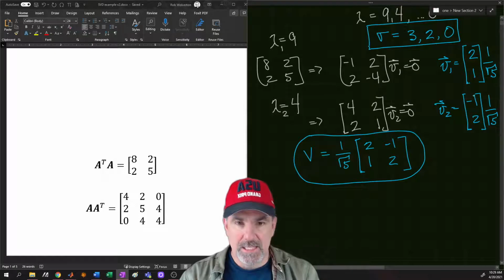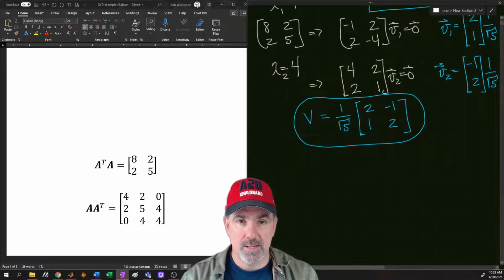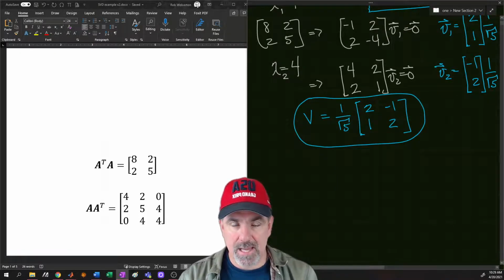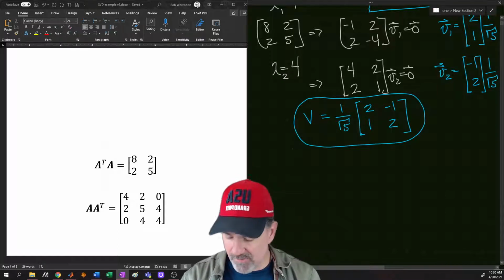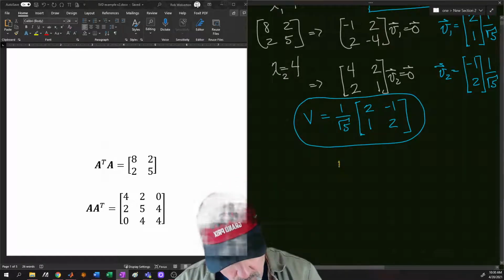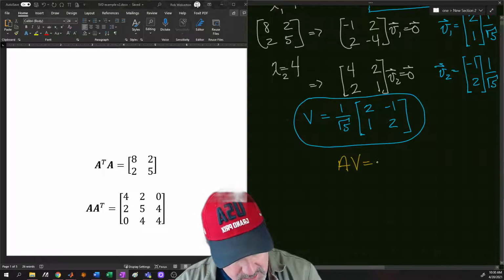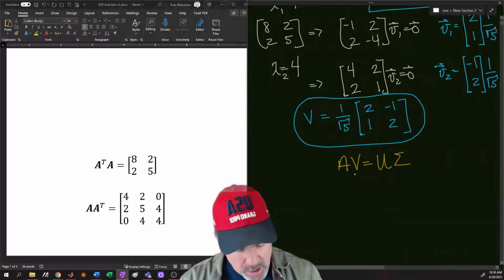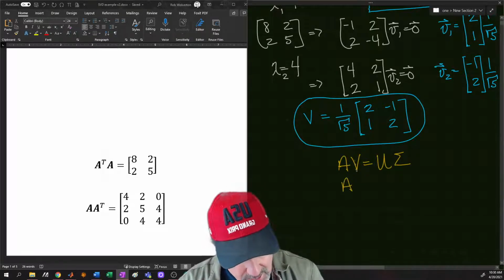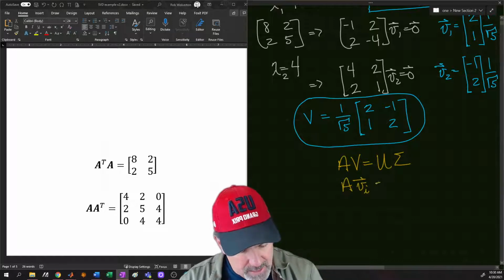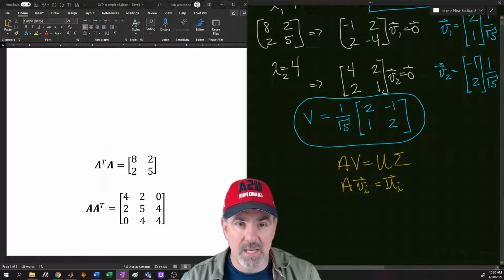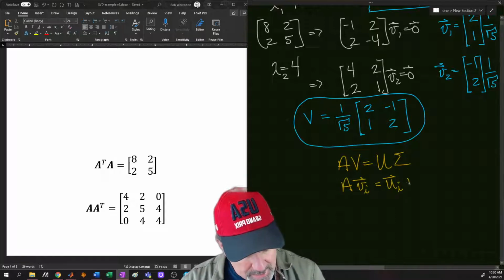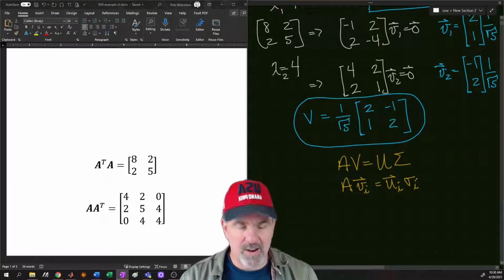Now what we're going to do is lean upon what is arguably one of the more important calculation pieces for singular value decomposition. So we know that AV is equal to U sigma, but when we take this column by column, we have A times a column here, some column of V, is equal to the same column, whatever that might be, in U, multiplied times the appropriate singular value.